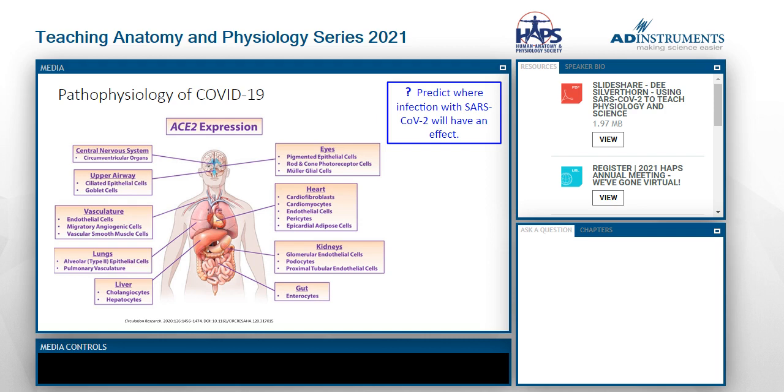But if you ask them which of these will be the most susceptible, then you have to think back to your 3 stages of the immune response, with the first stage being a barrier function.